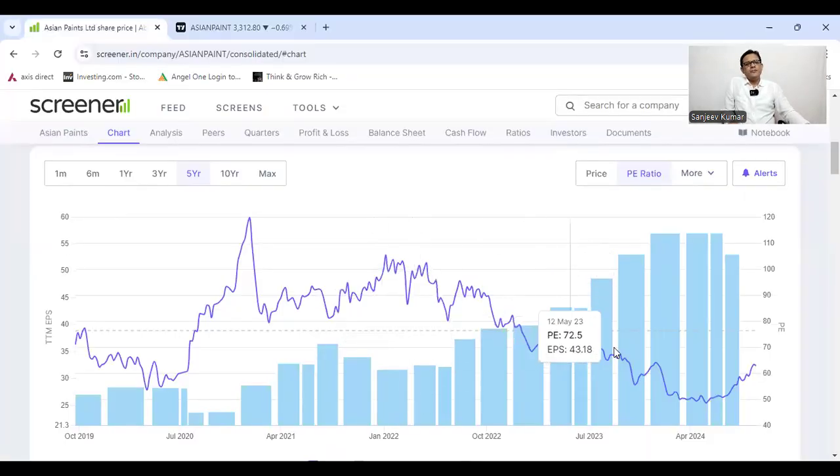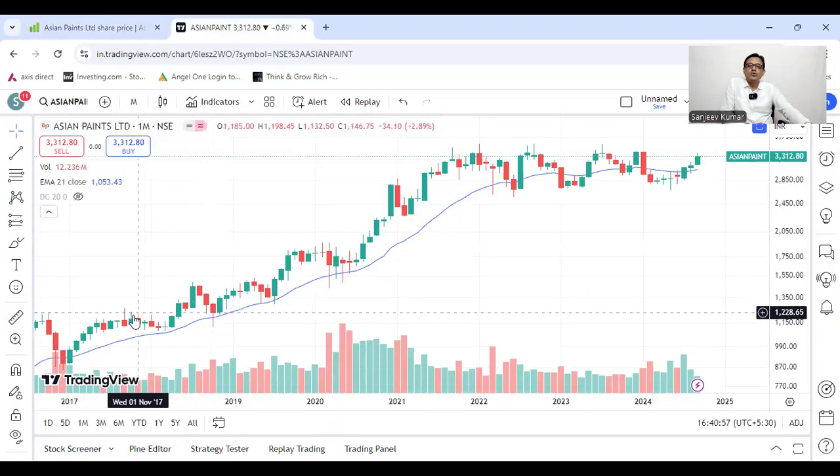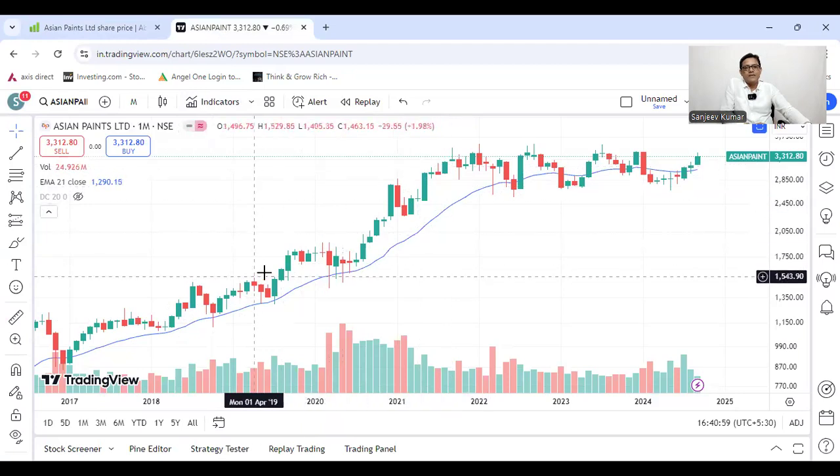Why? If earnings are increasing, share price should also increase. Why is it not growing? The reason is you can see here in the past. Here you can see EPS is less, but PE is high. At that time, share price was also growing earlier.